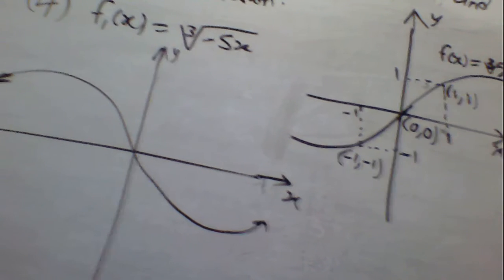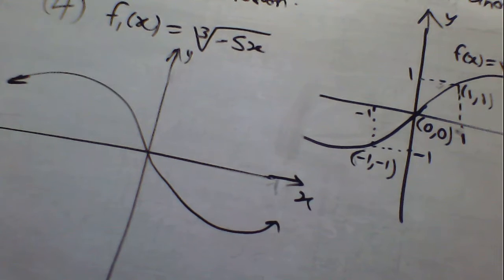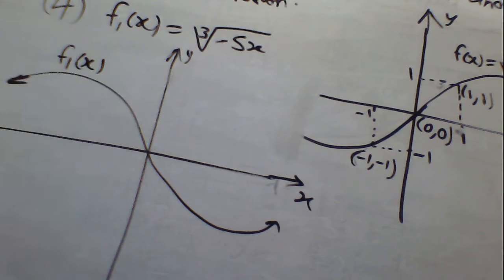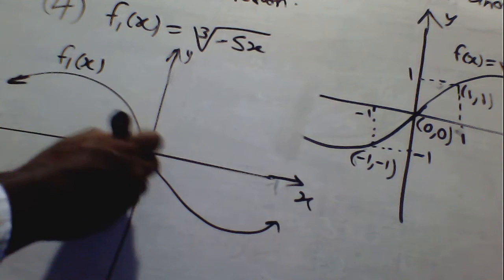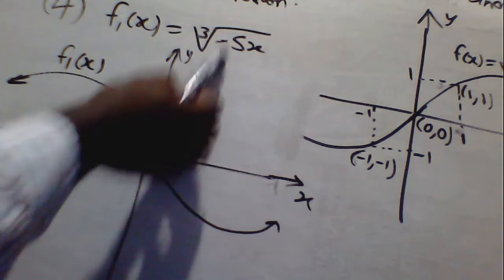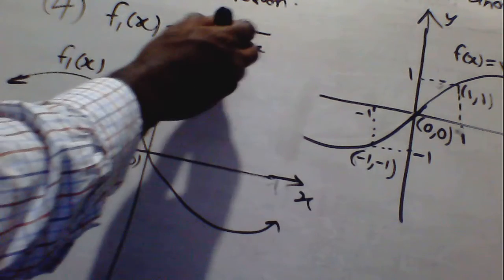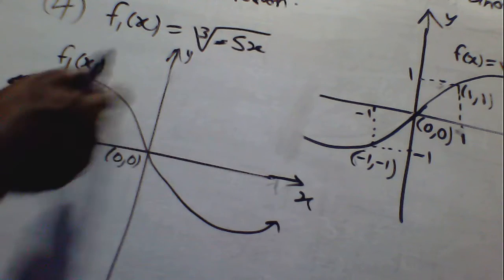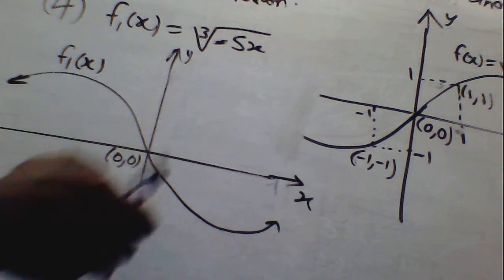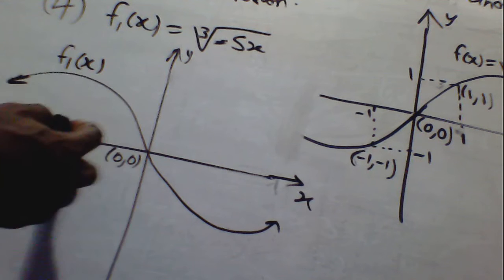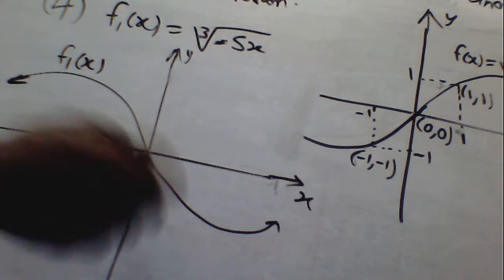So are you seeing it? This is how it's going to look. This is f1 at 0, 0, because the parent is positive and is odd. So because of this negative, they all reflect, whether on the y-axis or the x-axis. The square root reflects on the x-axis, while the cube root flips on the y-axis.